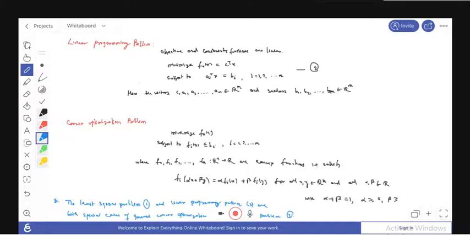Non-linear programming is a term used to describe an optimization problem when the objective or constraint functions are non-linear.